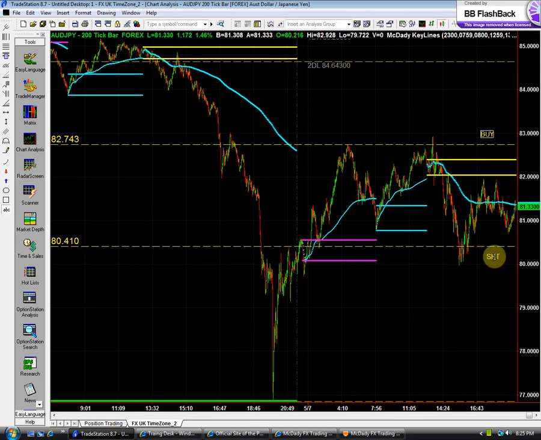If we go short below 80.40, you're going to put your stop at around 81. You don't want it to become above this structure.